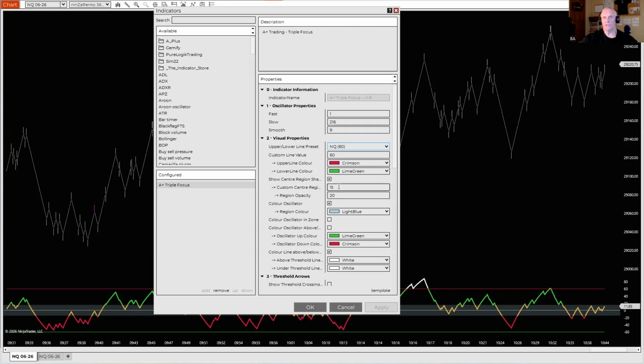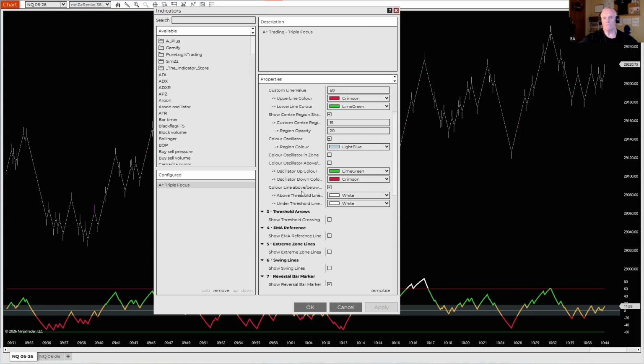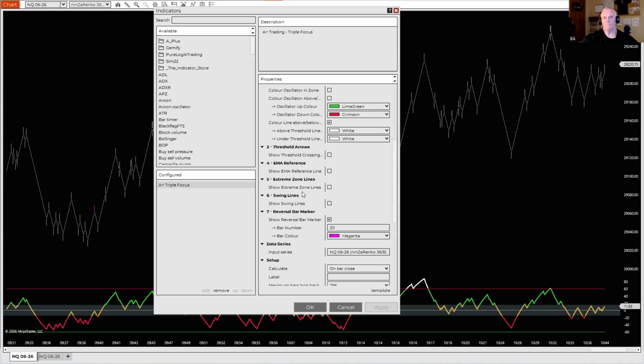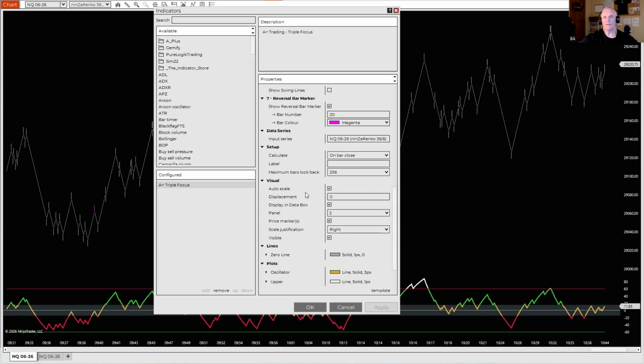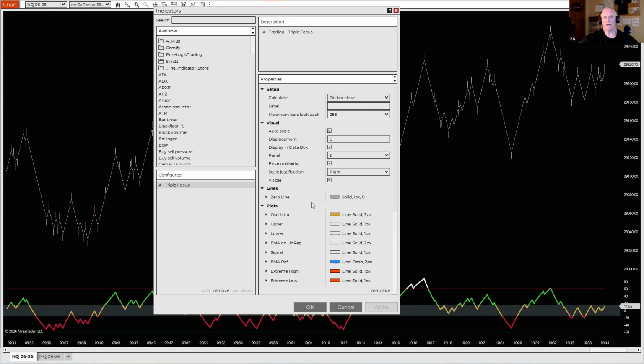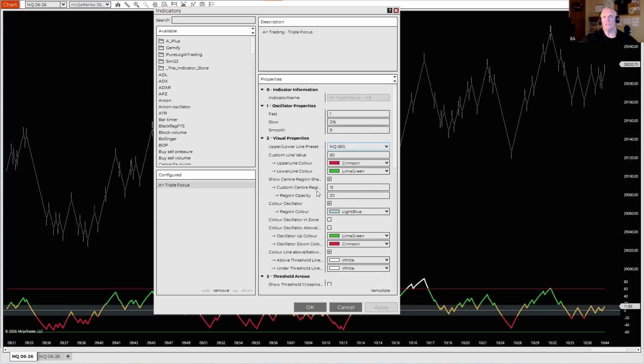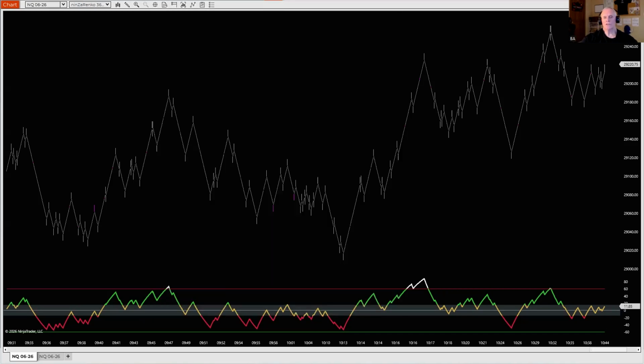This custom center region is the percentages above and below the center line. And that's about it. That's all you need for the triple focus there. So, just an update, and I dropped a new PDF in the PDF archive a couple of days ago as well.